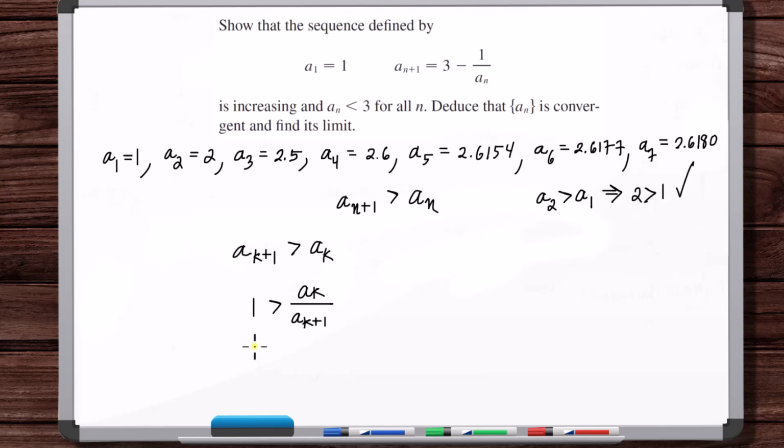Okay, now let's divide both sides by a sub k. Okay, now let's add 3 to both sides.